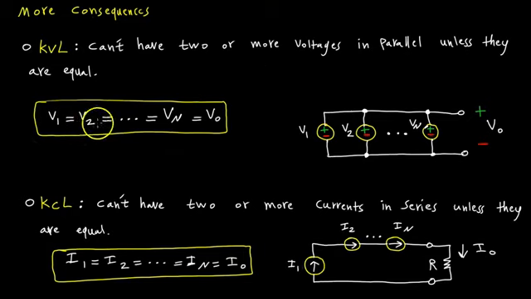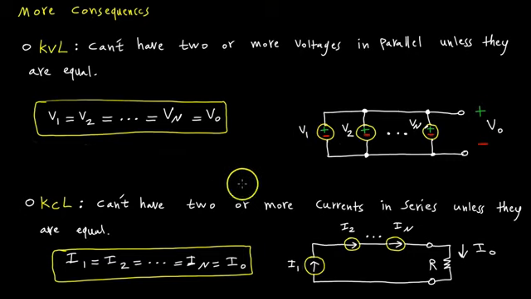So V1 through V2 all the way up to Vn must equal some value V0. That is the only way KVL can be satisfied, and we know KVL is a physical law that governs the behavior of circuits, based on the conservation of energy, which is a very solid foundation in physics and engineering. So for that law to hold, all the voltages must be set to the same value if they're in parallel.